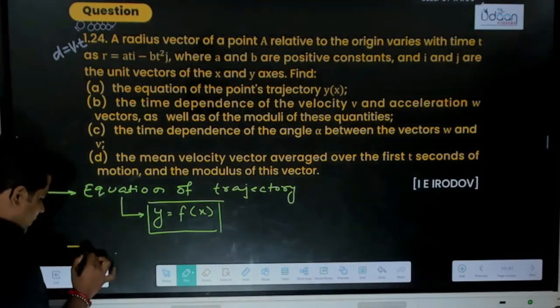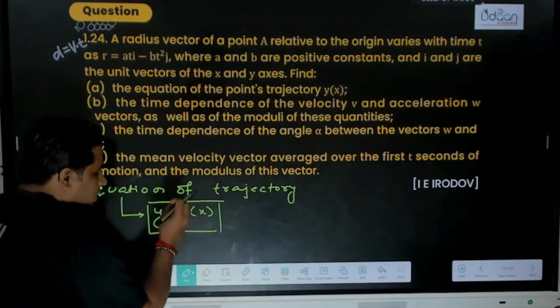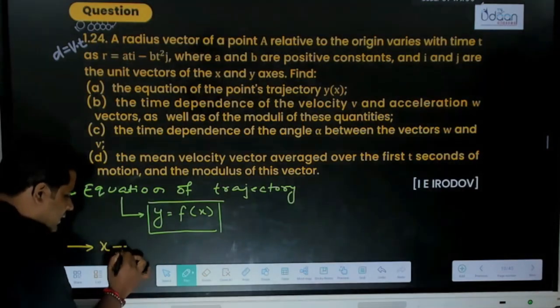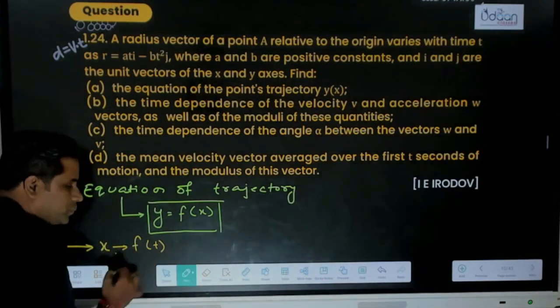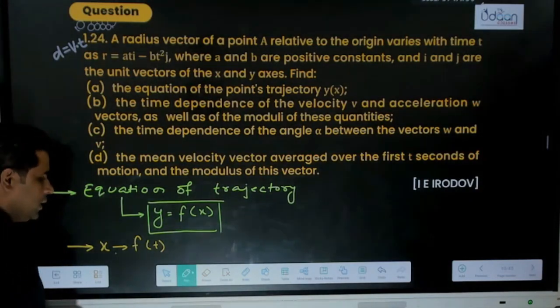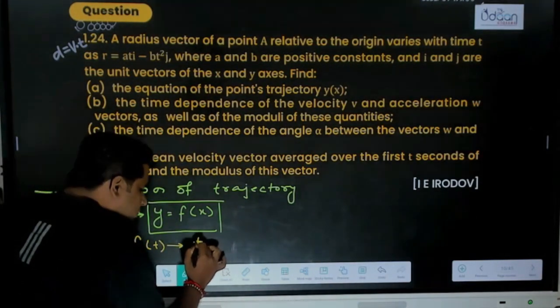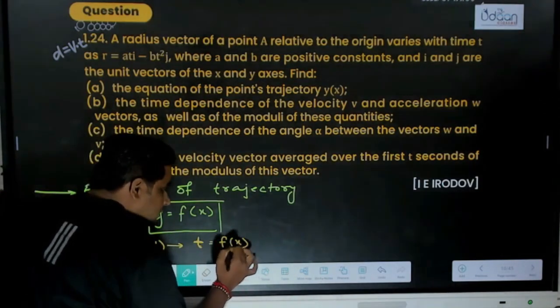So here the thing is what? If you are asked to find the equation of trajectory, you first of all write down the equation of x-axis as a function of time, right? You just take out the value of time as a function of x. Yes.